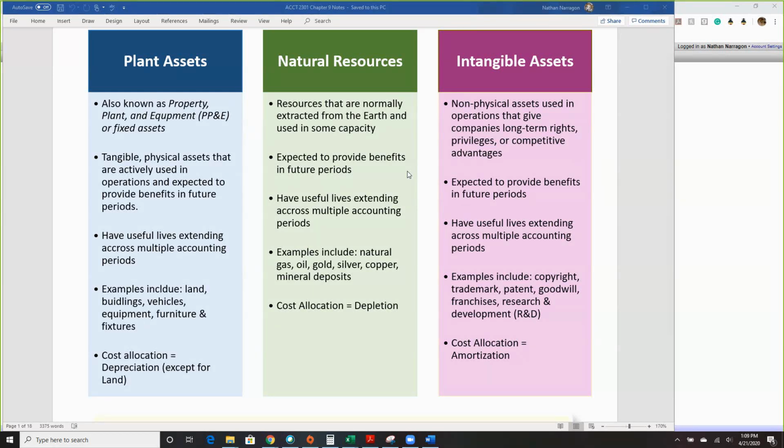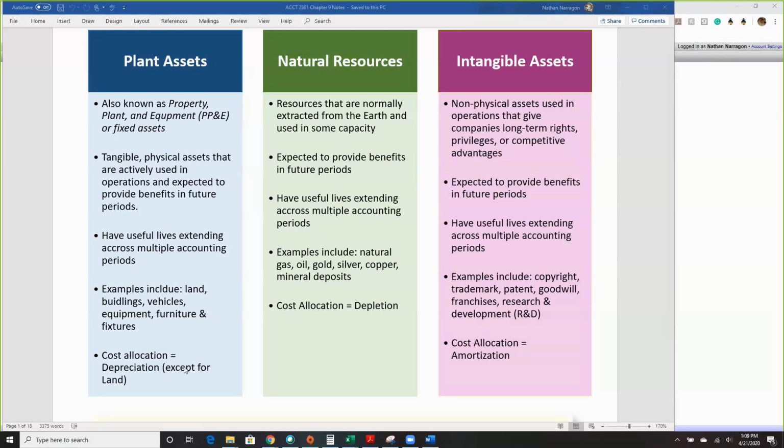Again, know that these are your tangible assets, and they have to be used in operation, and it's going to provide a future benefit later on. So they're typically going to be land, buildings, vehicle, equipment, furniture, fixtures, anything that we can physically touch and move that's going to help us in our business.